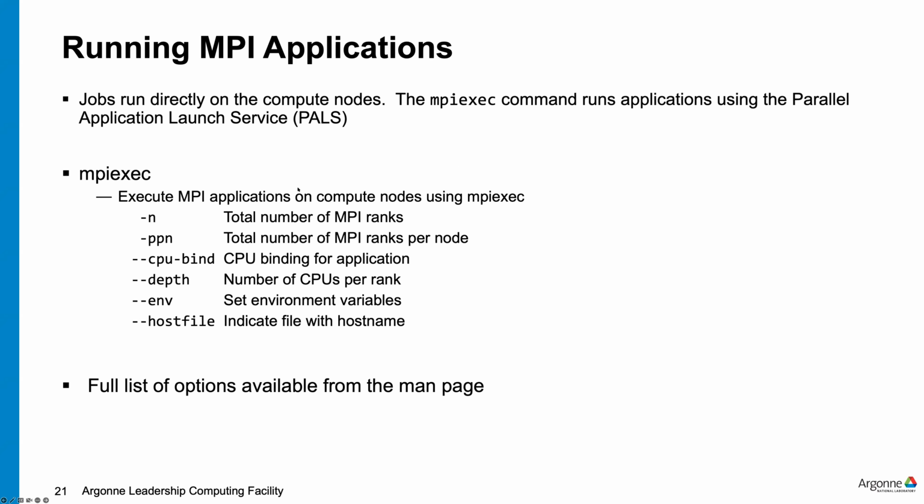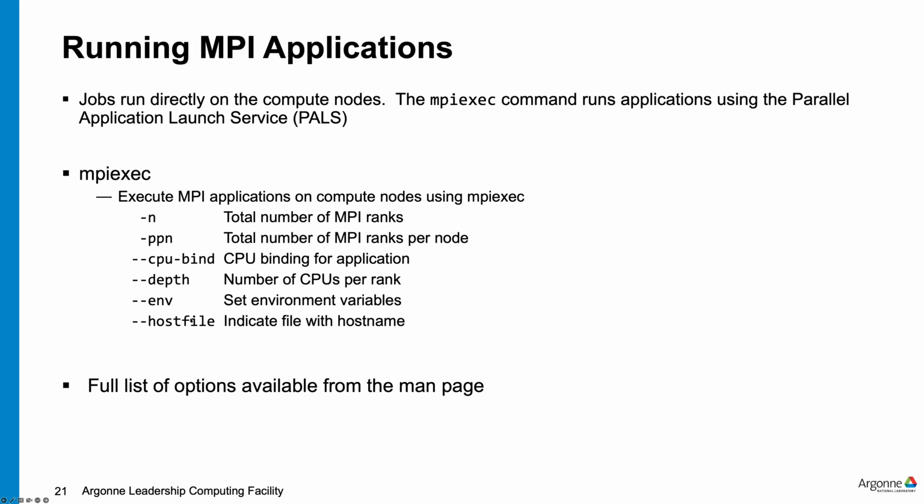So running MPI applications. We use the HPE PALS service for launching. And so it uses an mpiexec wrapper around what they call PALS run. The mpiexec command is very close to what you would get from MPICH, but there are some slight differences in the arguments.